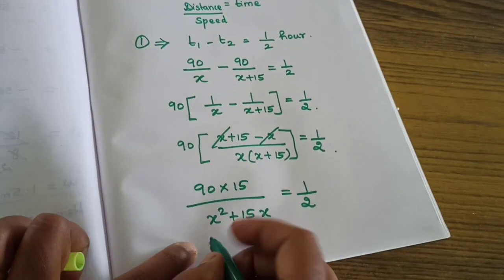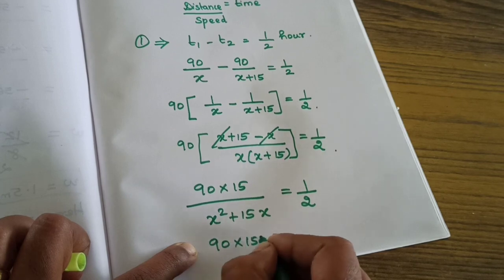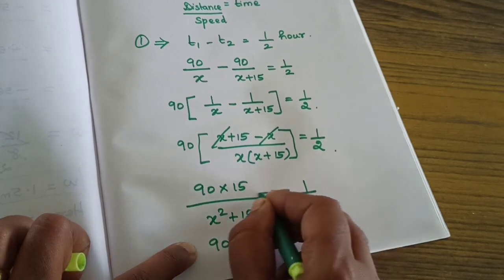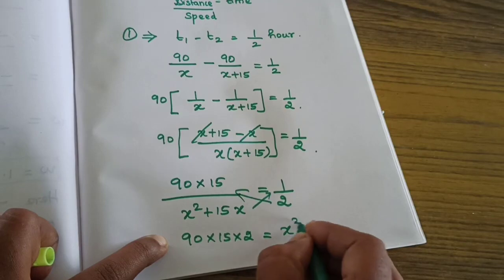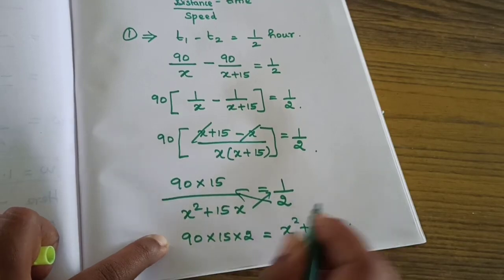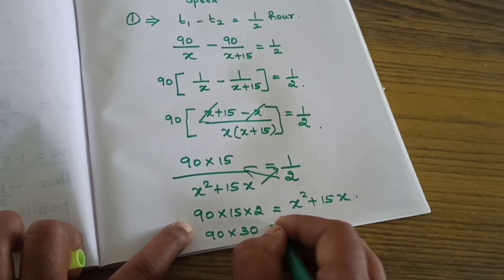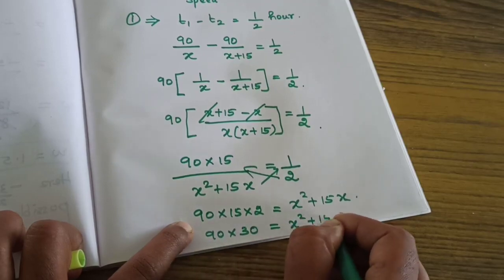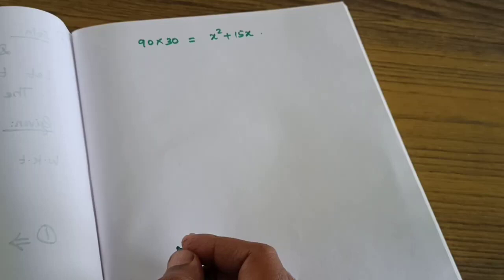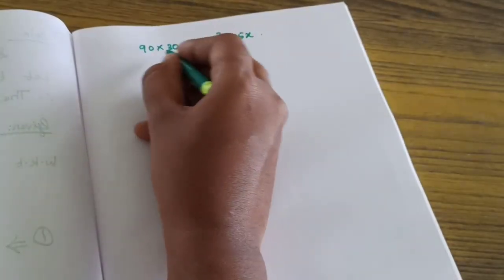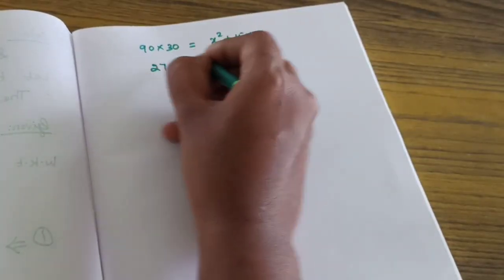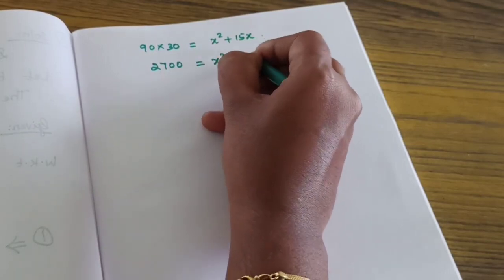Now cross multiply: 90 into 15 into 2 is equal to x square plus 15x. 90 into 15, 2 fifteens are 30. Okay, listen now: 9 threes are 27 and 2 zeros, which is equal to x square plus 15x.